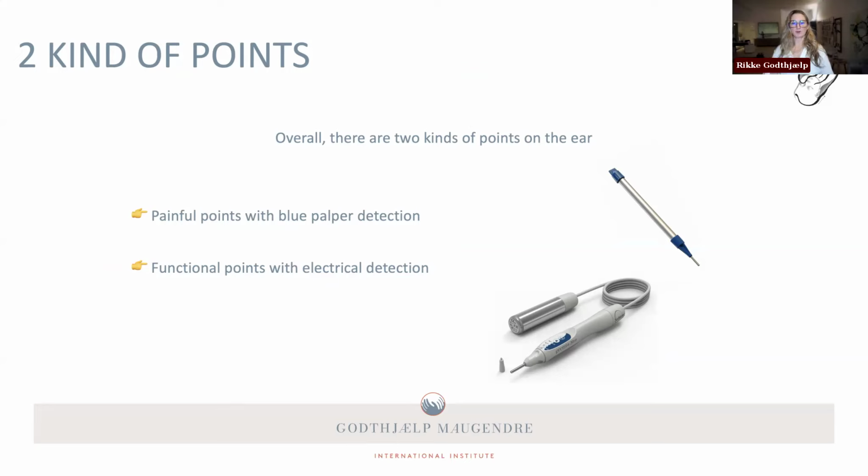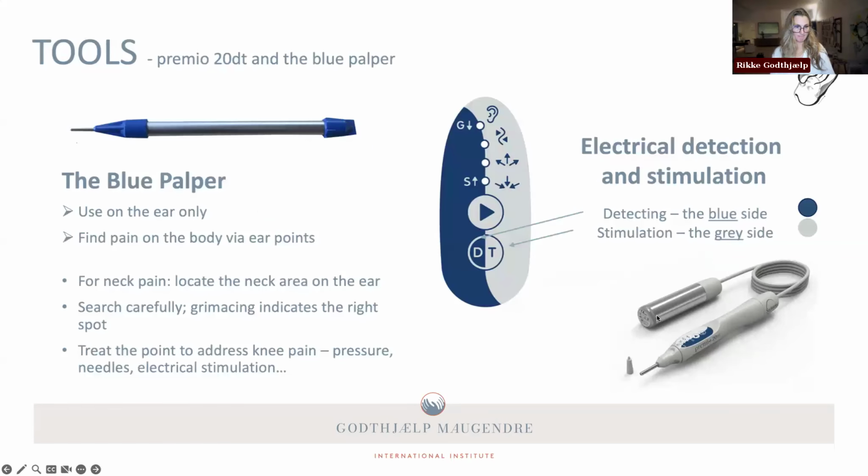When we search on acute, we will very often find points on reflex points. And when we have chronic points, we will also find points on functional points. And for functional points, we will need to use either the VAS, the pulse, or this Premio 40 or another electrical device, a point finder. I love this device. This is my favorite. So yeah, I can recommend this one.